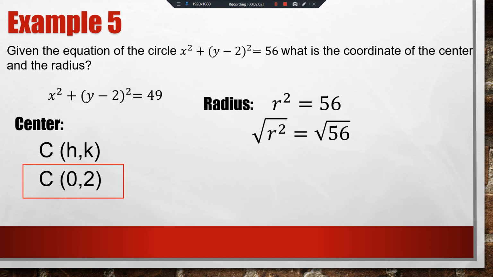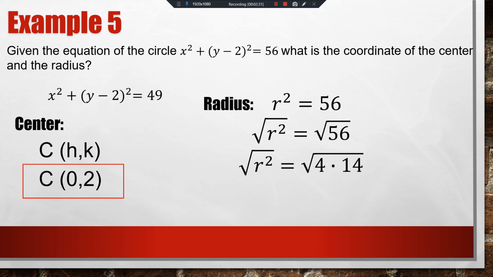So what I'm going to do is just get its factors. We're going to get the factors of 56, wherein one of the factors is a perfect square. So the factors of 56, wherein one of the factors is a perfect square, are 4 times 14.